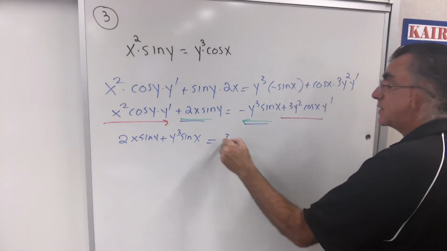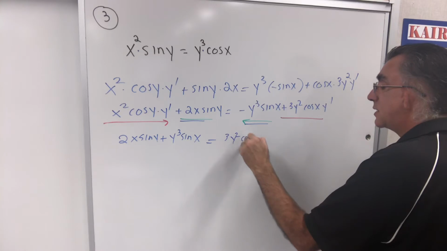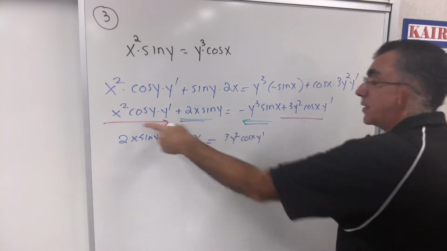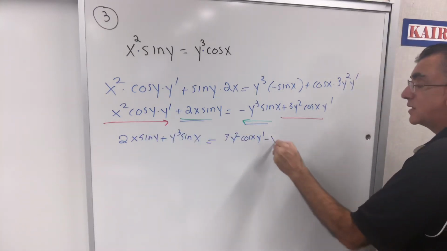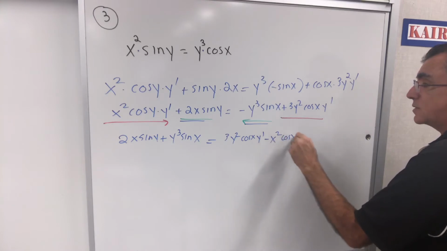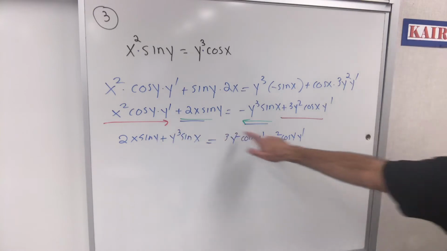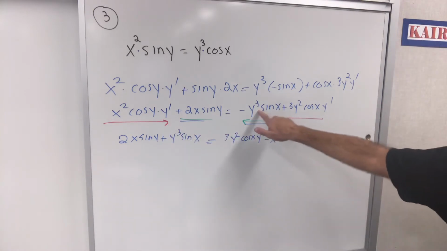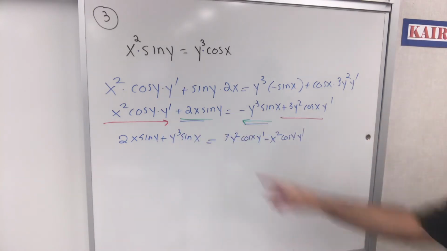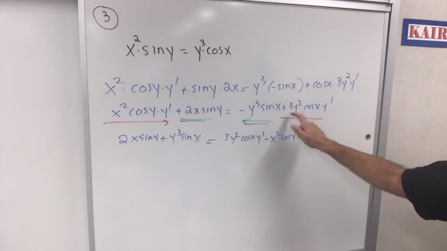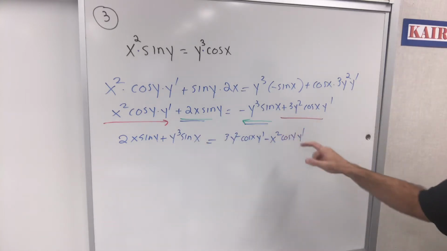I have this here, 3y squared cosine x y prime, and then I'm going to move x squared cosine y y prime to the other side. So I move this over to this side, so it becomes negative, and I move this one over to this side, it becomes positive, and these two, of course, stayed where they were.